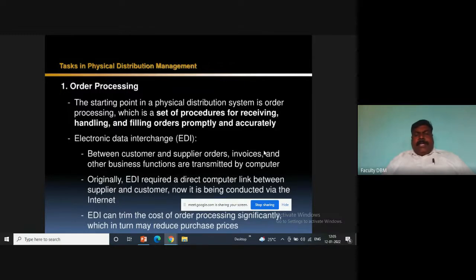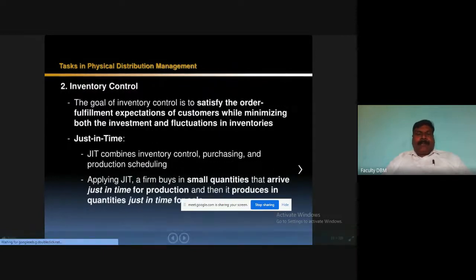Original EDI required a direct computer link between the supplier and customer. Now it is being conducted via the internet. EDI can trim the cost of order processing significantly, which in turn may reduce purchase prices. So the prices also will be reduced by using EDI.